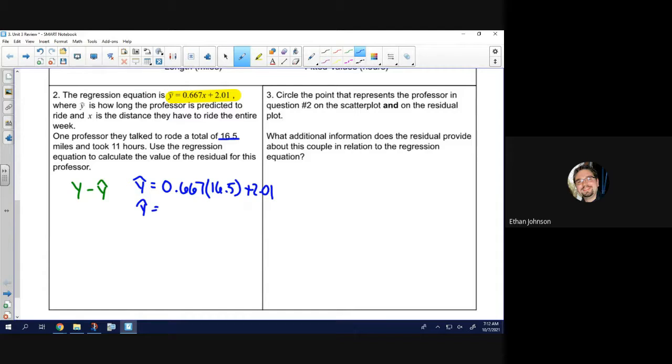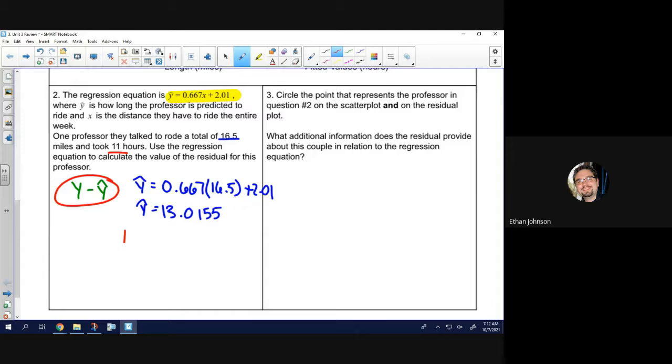Doing so, we end up finding out the y hat is 13.0155. So we found the predicted value. We need to find our residual then. So we're going to do y minus y hat. Well, it took them 11 hours.